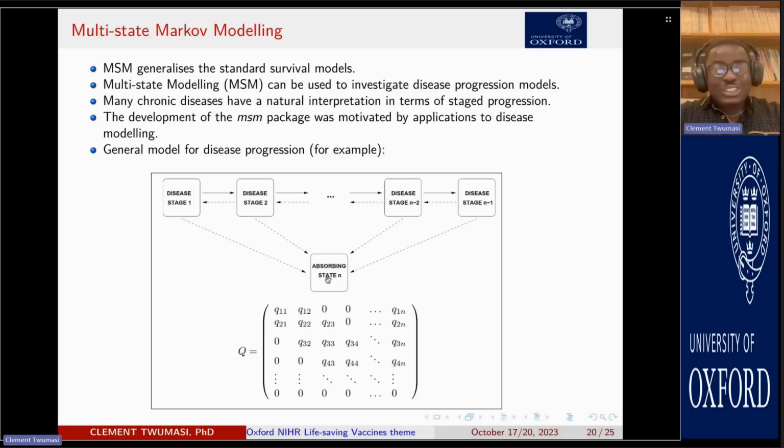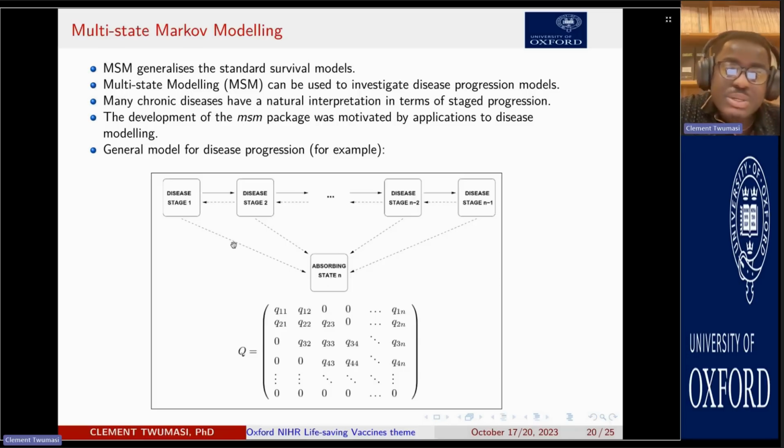It means once you are dead, you cannot be reinfected or move outside that state. So that is what we mean by absorbing state. It's not only death that can be seen as an absorbing state. Once you have some disease state such that once you find yourself in that state, you cannot leave that particular state, that state is called an absorbing state.